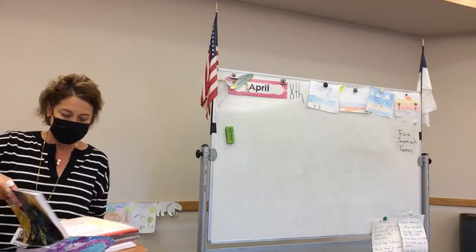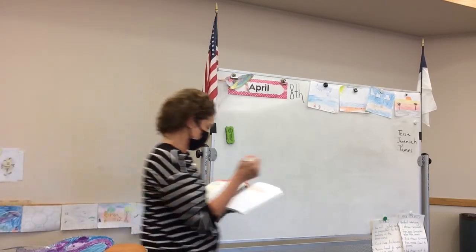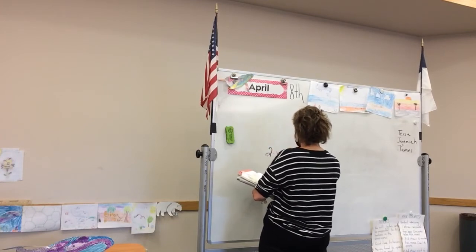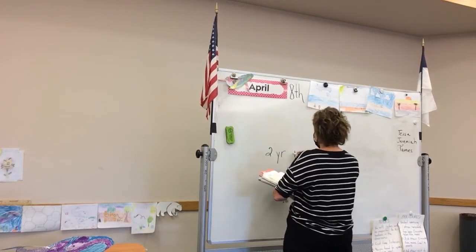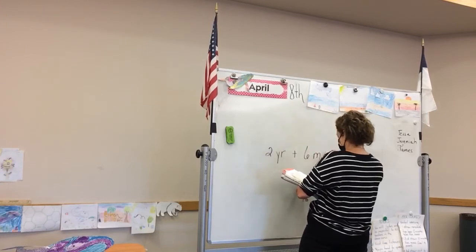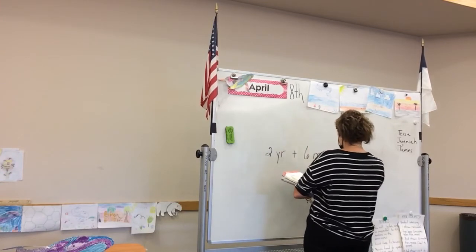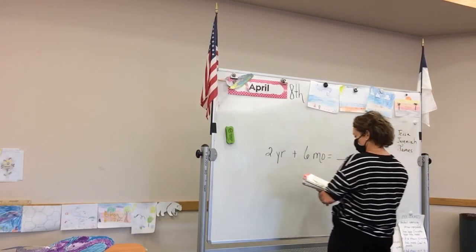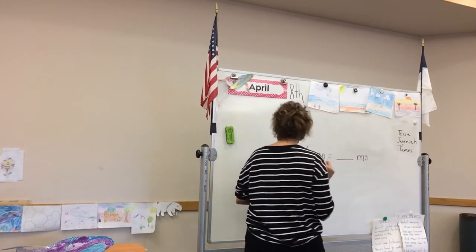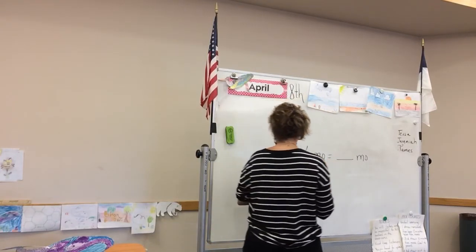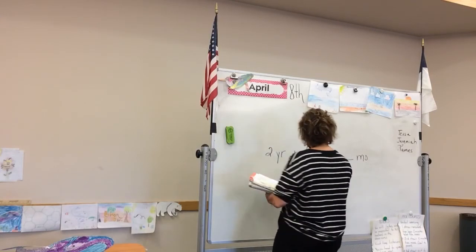I have to have both books because I have one with the answers and one without. All right, so we're talking about years. 2 years plus 6 months. All right, so what are we going to do first? I'm going to take this down.